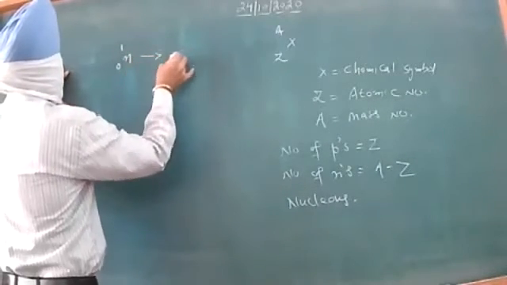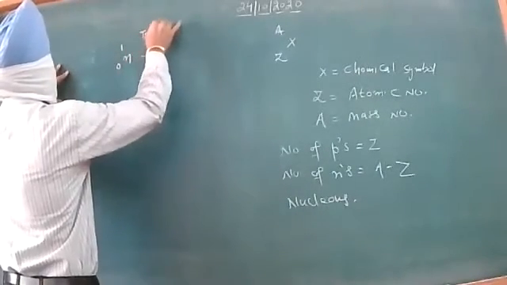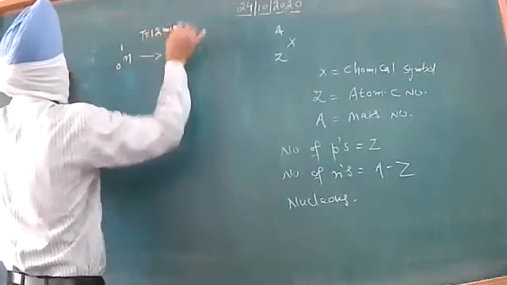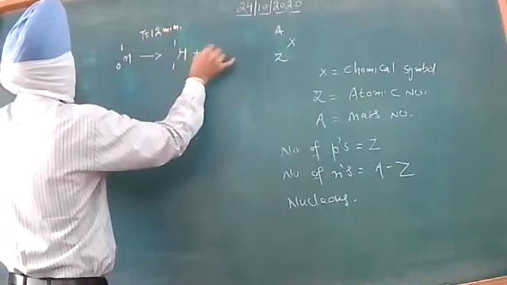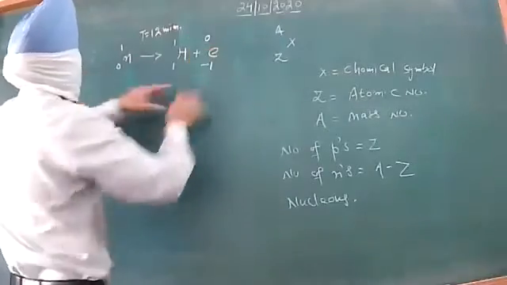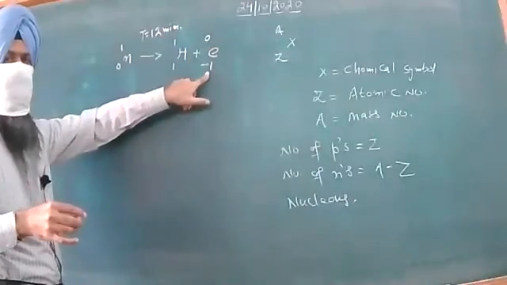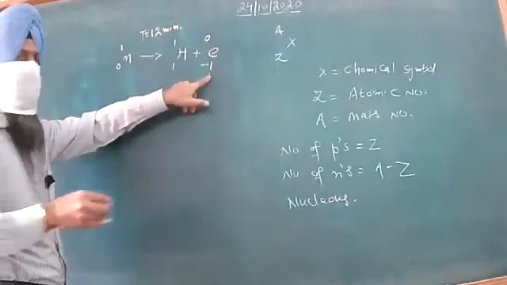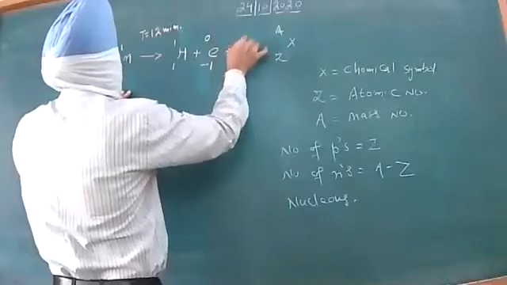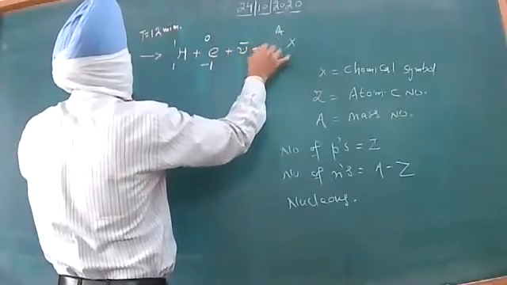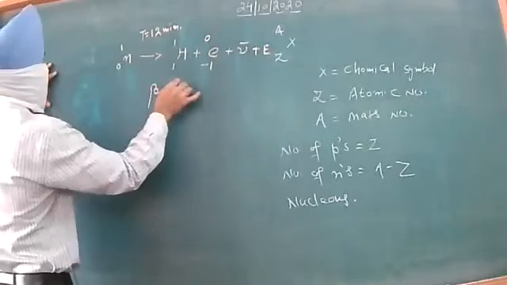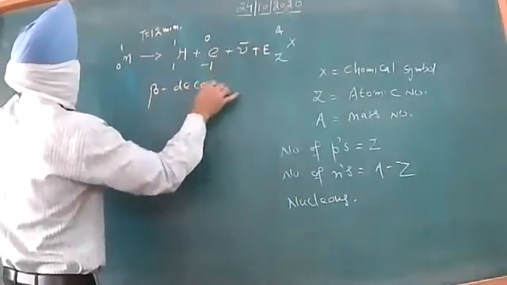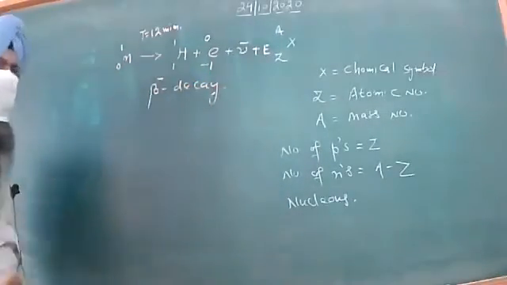Neutron with a half-life time of 12 minutes changes into a proton along with a beta particle or electron, along with the antineutrino and energy. This type of decay is called beta decay or beta negative decay.